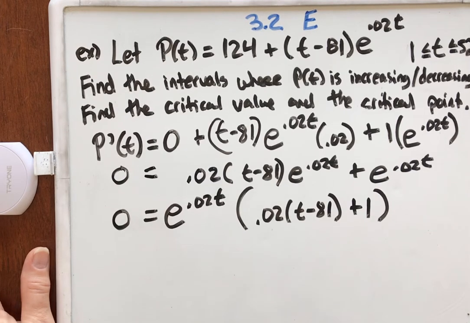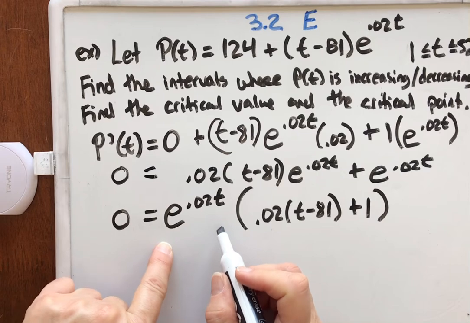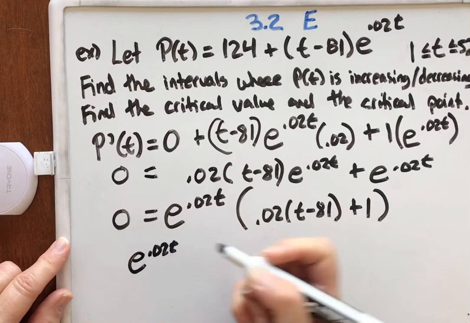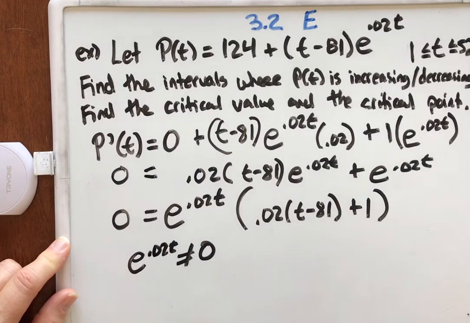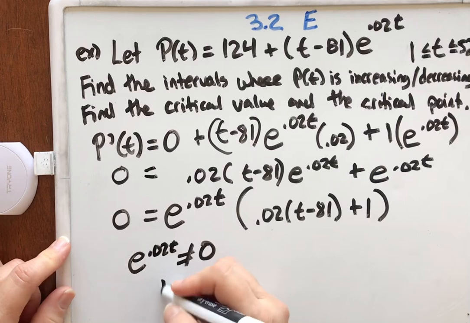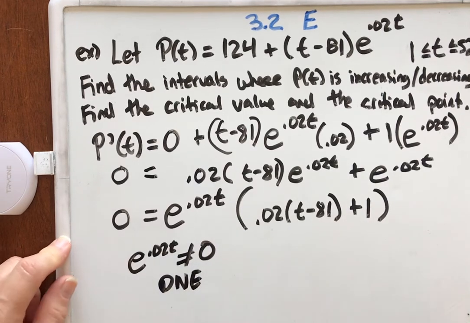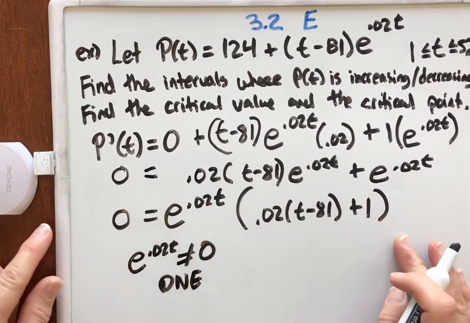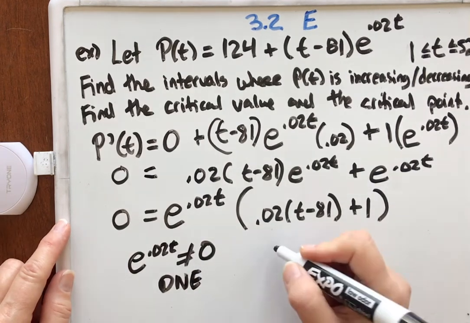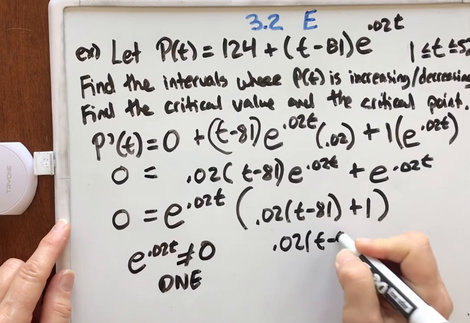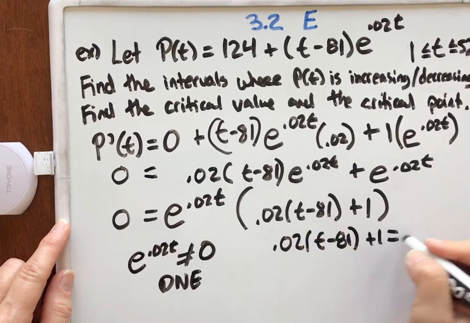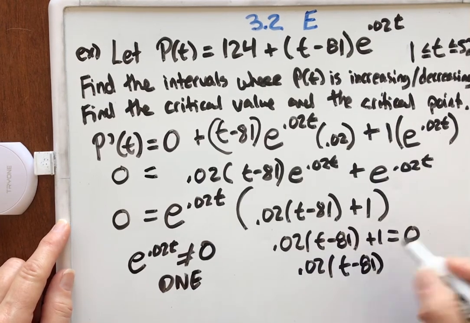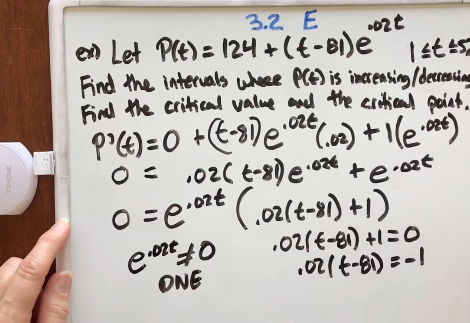All right. Will this ever equal 0? This will never equal 0. E to the 0.02t cannot equal 0. So we basically say does not exist at that point. Now how about inside here? If we set all this equal to 0, we're going to have 0.02 times (t minus 81) plus 1 equal to 0. 0.02 times (t minus 81), bring this to the other side, is negative 1.